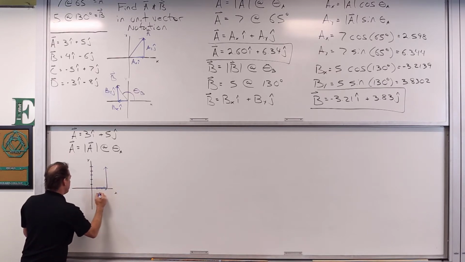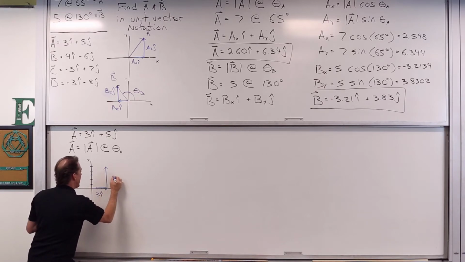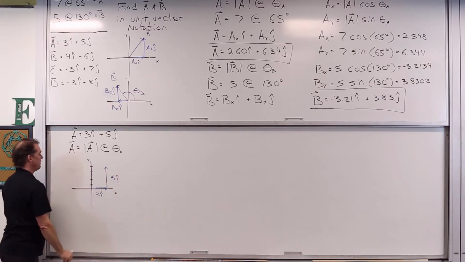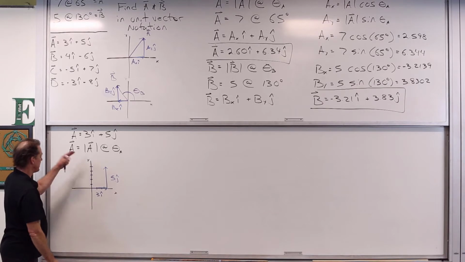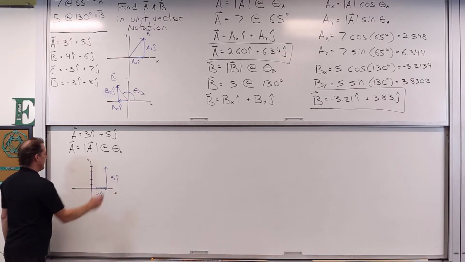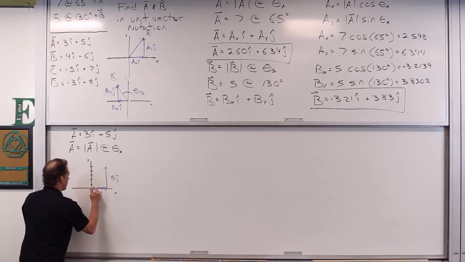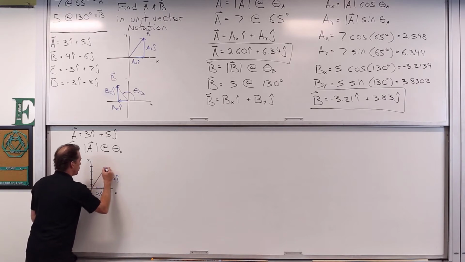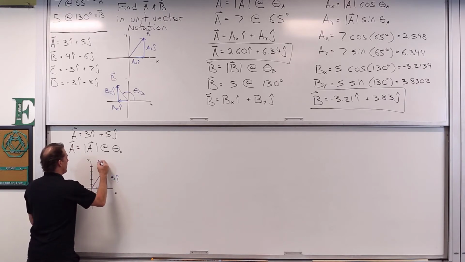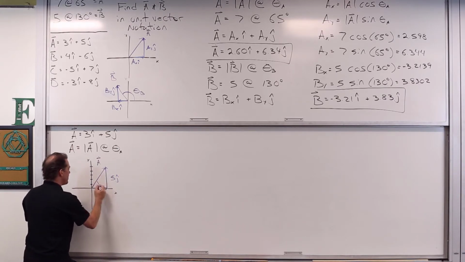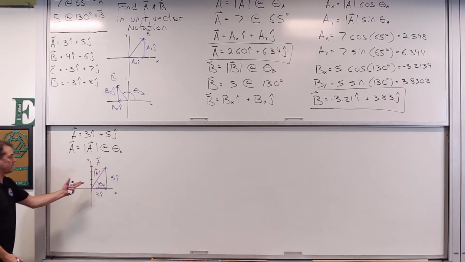This would be 3 i hat, 5 j hat, which is again a sub x and a sub y, and the total vector goes from where we start, just like that. And there is our A hat that has some angle, theta sub a, and has some magnitude, which is the length of that vector. So this is what we've got.